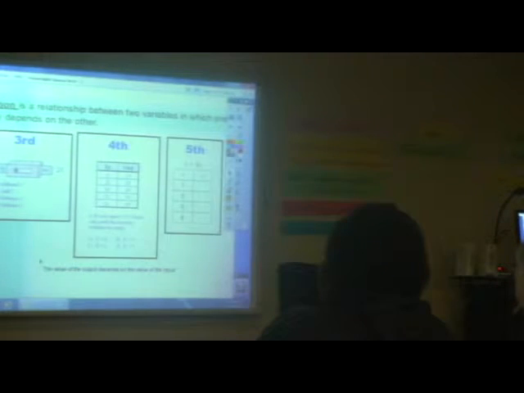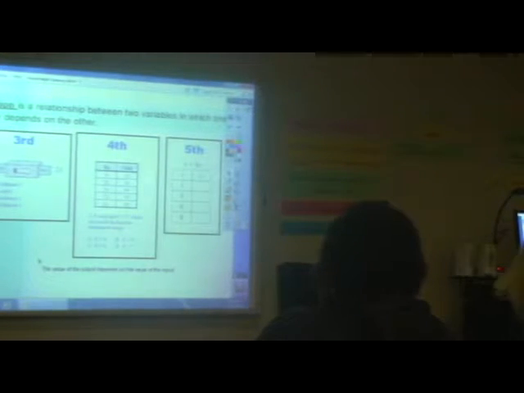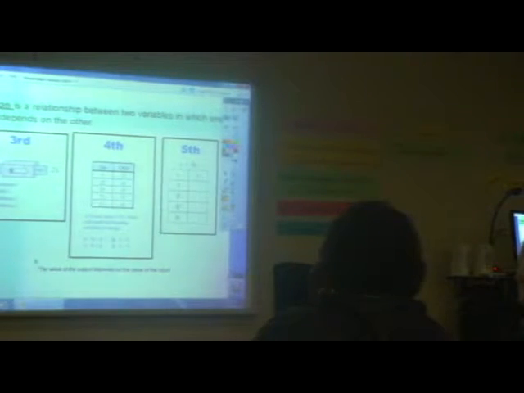So that was 2 examples of what, as Ms. Harris said, we call a function table. In 3rd grade, they might have seen something like this called an input-output machine. And if you look at it, 24 went in and 21 came out. So, which one of these rules would apply?